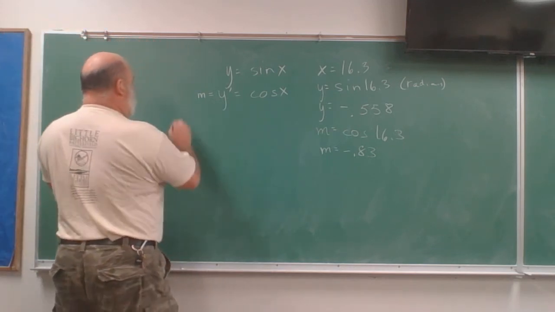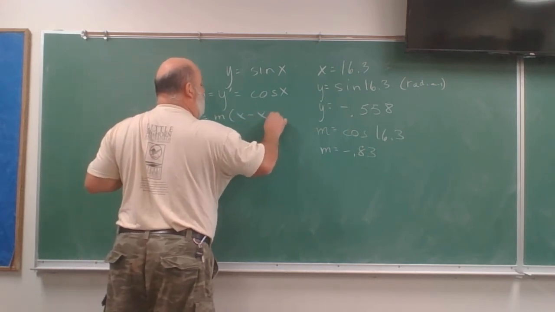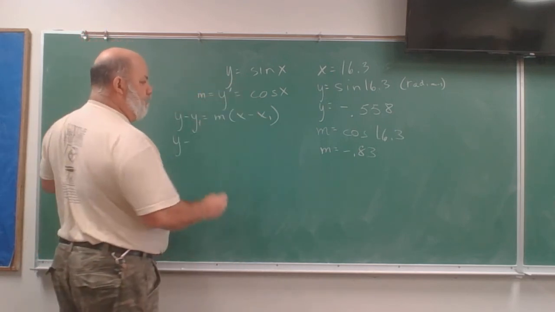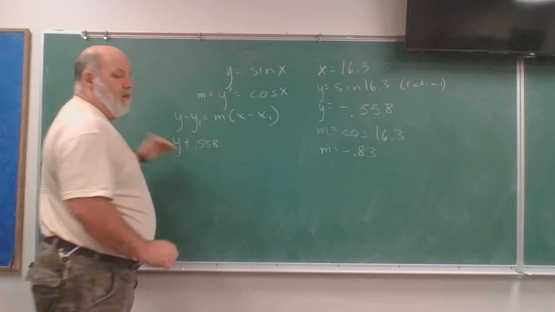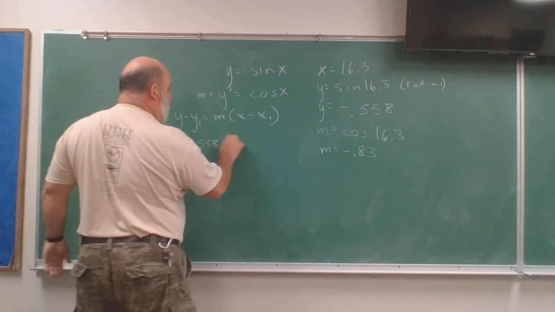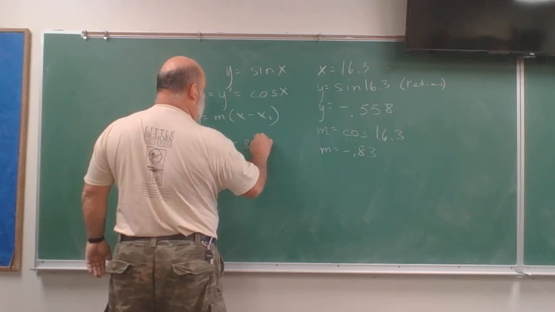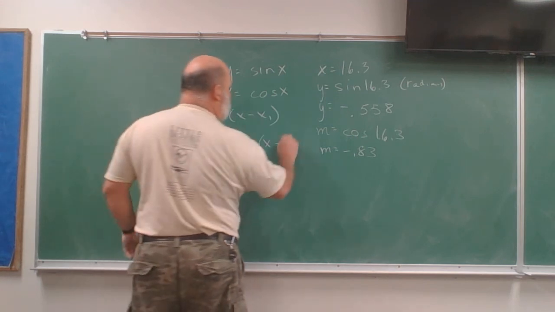All right. So it's y minus the y they give me equals slope, x minus the x they give me. Y minus, what is y? It's plus 0.558. Y minus negative 0.558 equals my slope, negative 0.83, x minus the x they give me, 16.3.